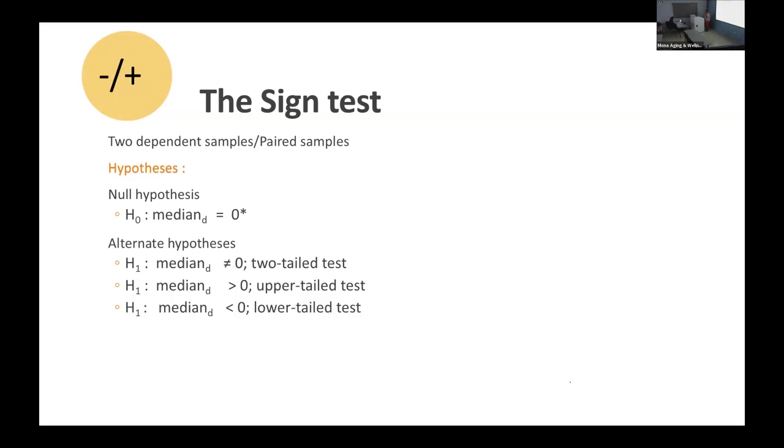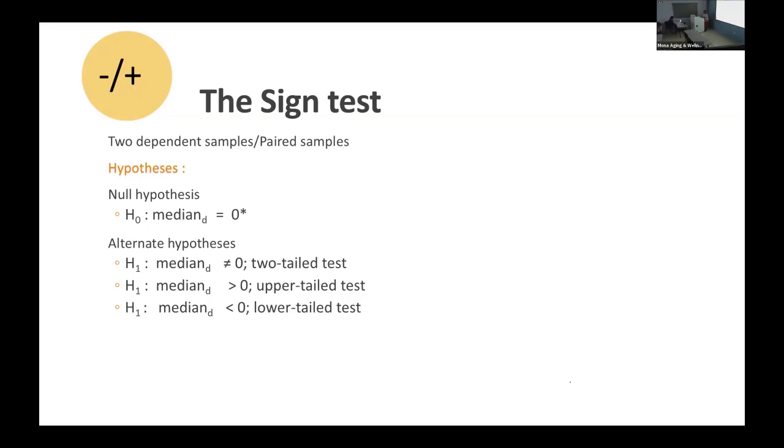So the hypothesis that I have here, on the null, says the median difference, so median D. When you're looking at 2 paired samples, matched pairs, there's no difference in the median, or the median of the difference is equal to 0. So you do the same thing, you subtract.